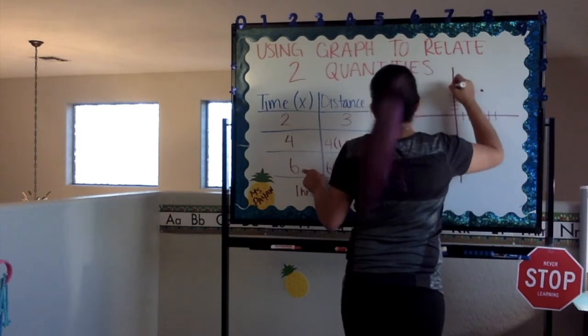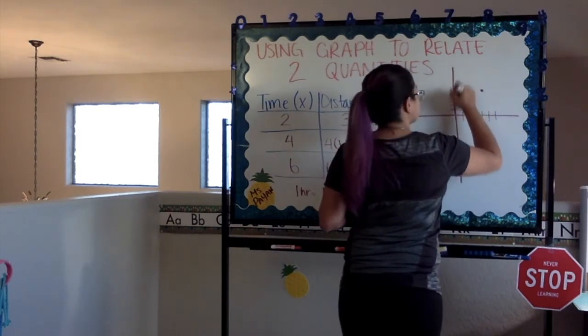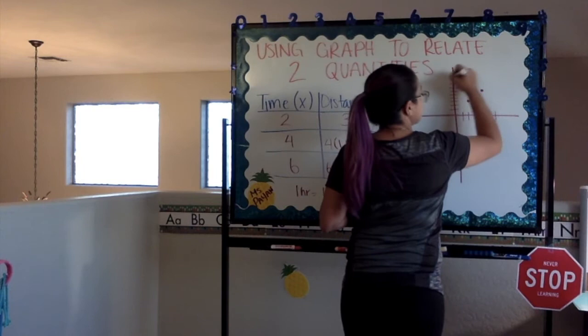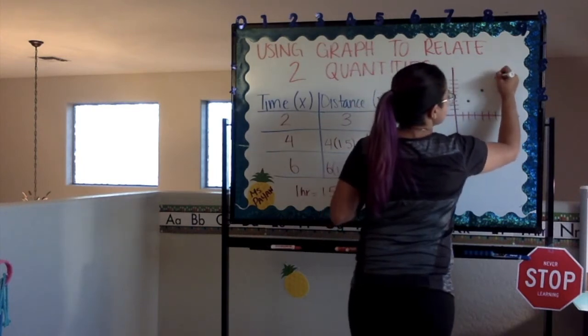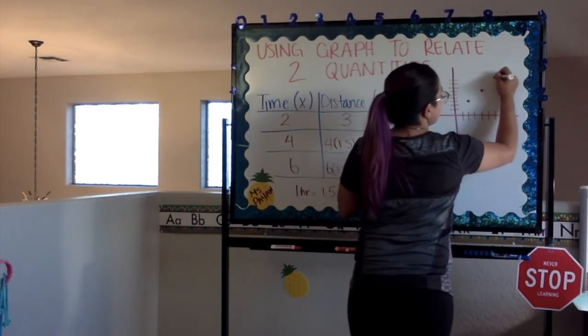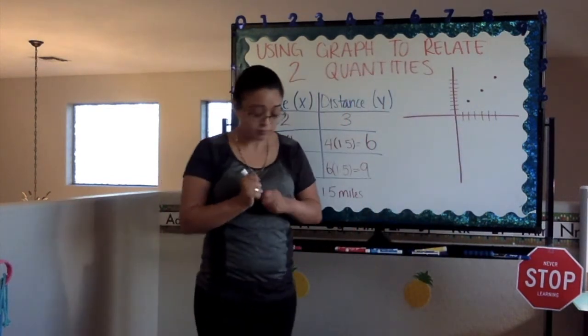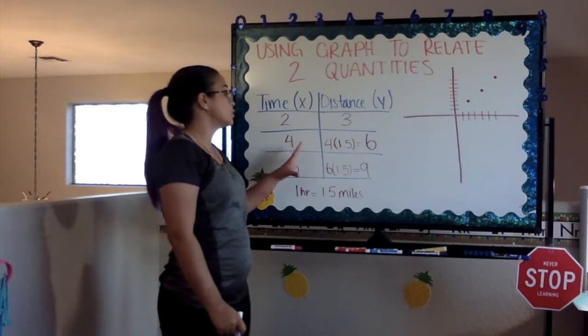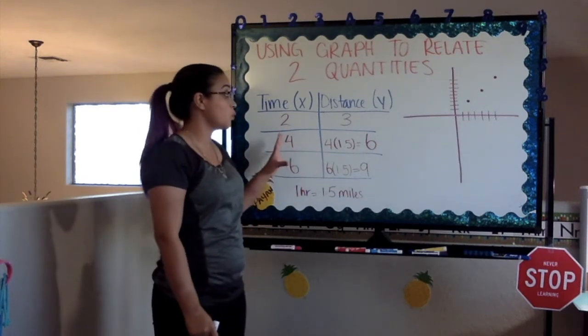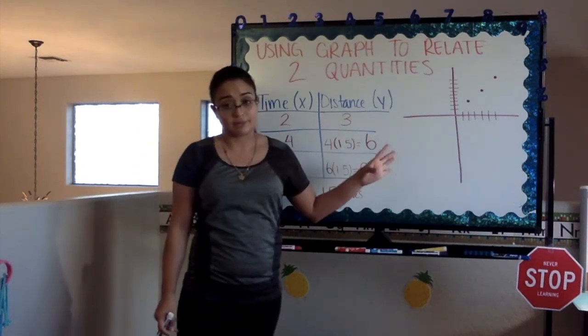And then we go with 9 vertical. So 6, 7, 8, 9. And there you have it. That is how we compared, how we related our two quantities and graphed them.